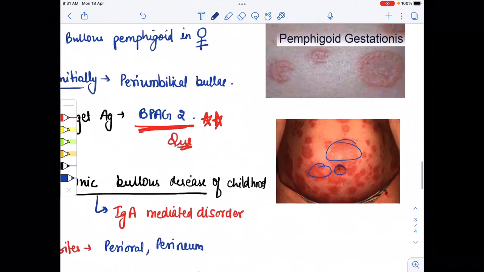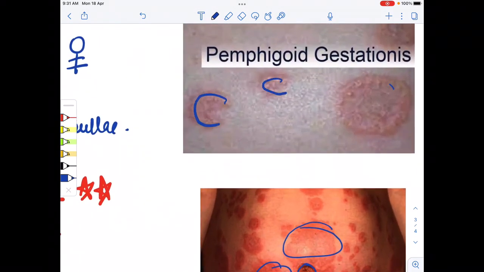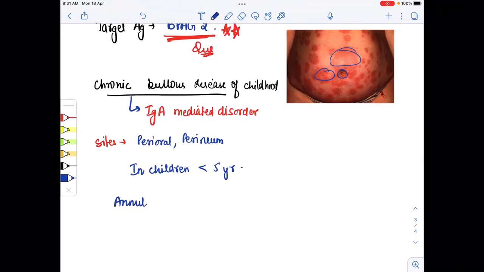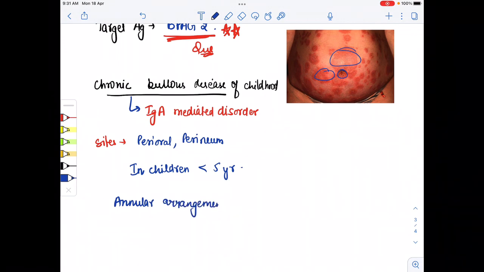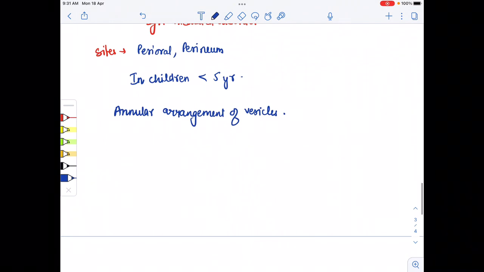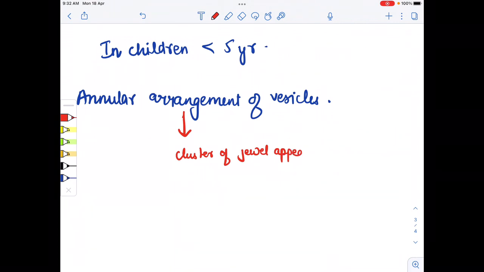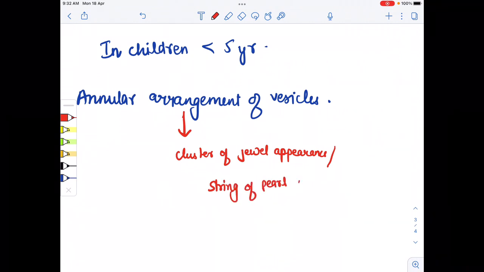And we can see an annular or ring form arrangement of the bullae. So we can see annular arrangement of vesicles, which means a cluster of jewels appearance, or we can say the string of pearls appearance.